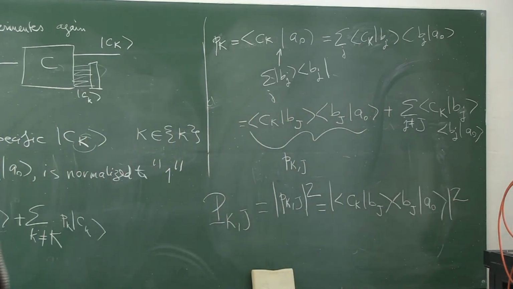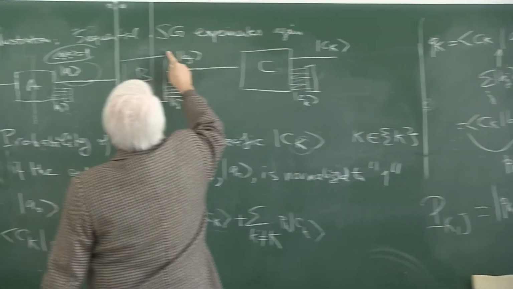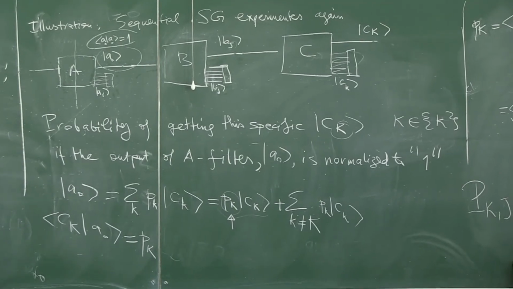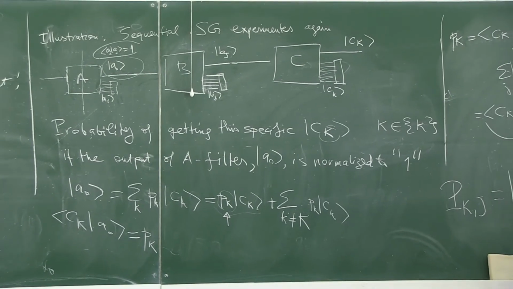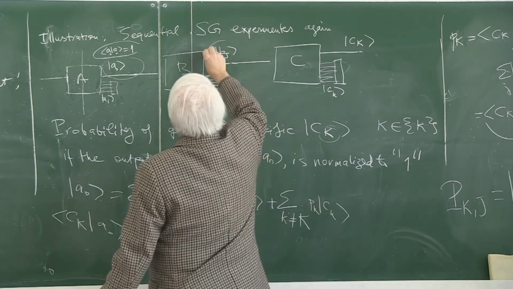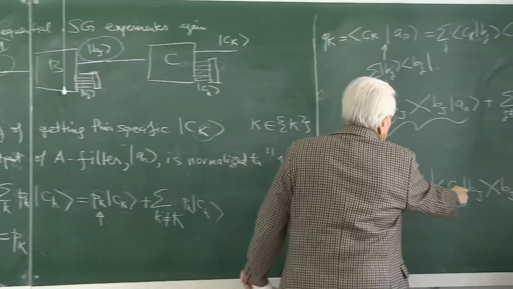So that's the answer to my question in relation with this sequential setup. The final is this, the initial is this, via this intermediary. There's an intermediary in here. That's an important one. This is the result.